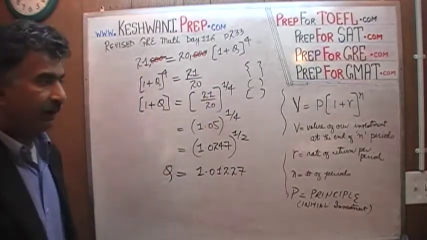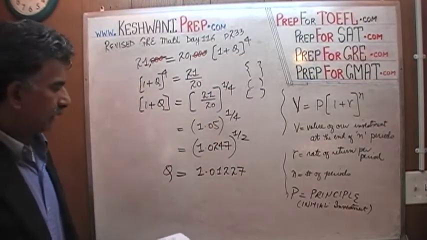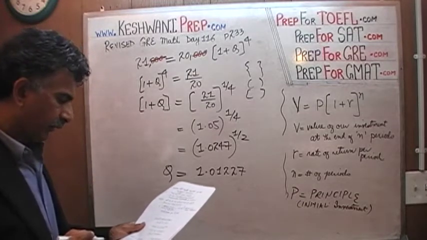Now what does q represent? Q represents the quarterly rate of return. All we have to do is multiply that amount by 4.